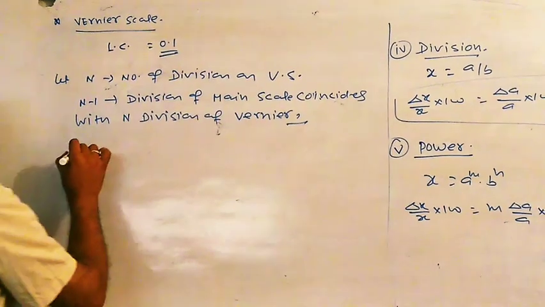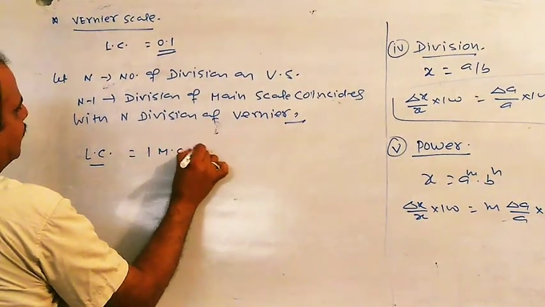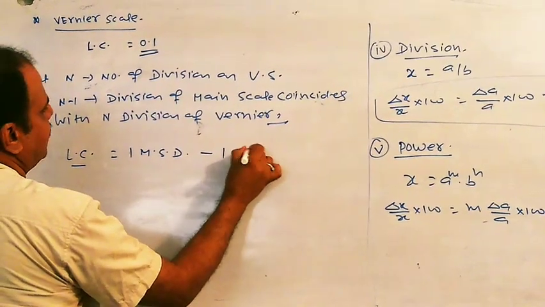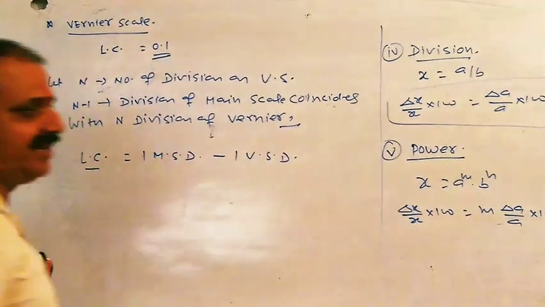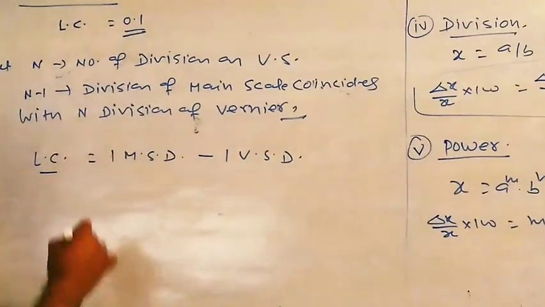The general formula of least count LC equal to 1 MSD minus 1 VSD. MSD main scale division, VSD vernier scale division.